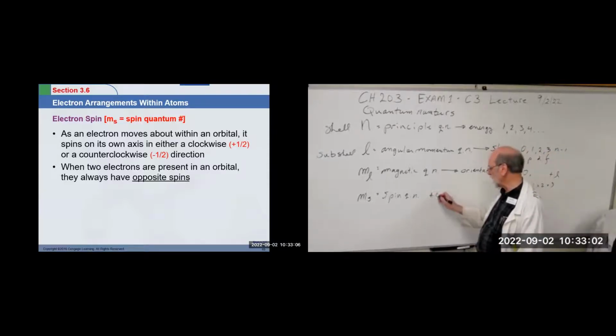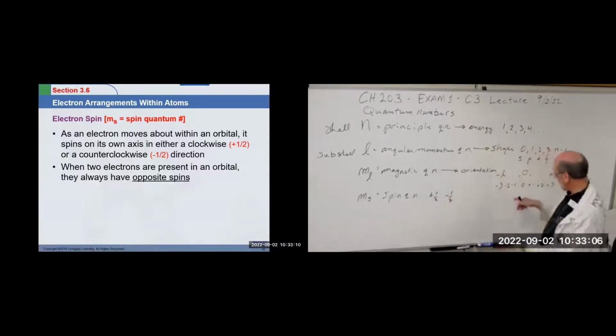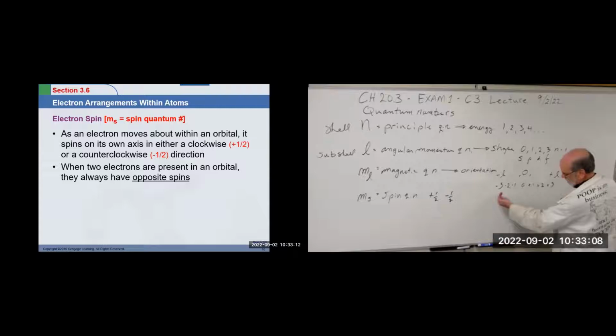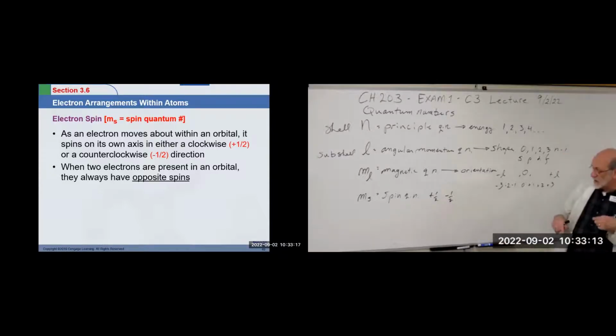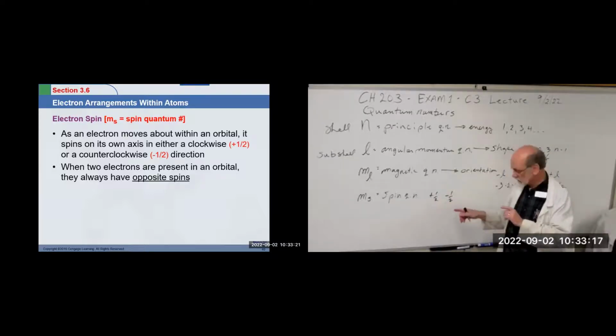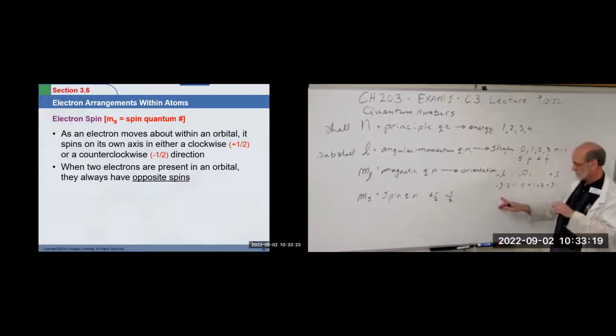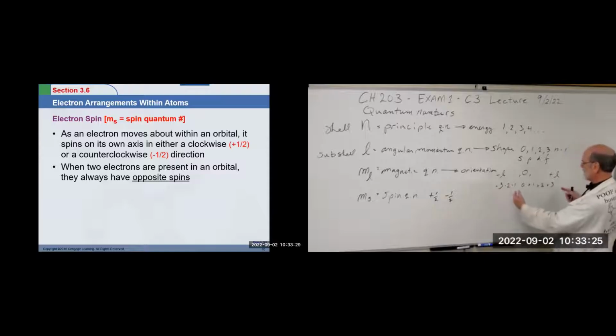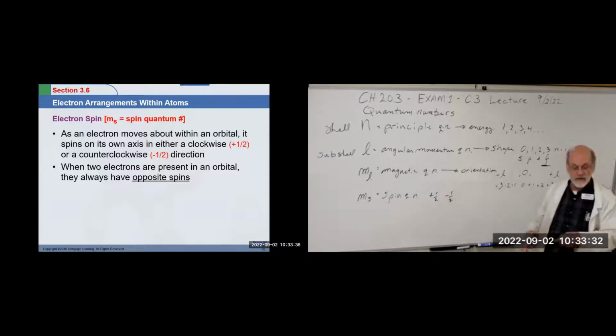So it can either be plus 1/2 or minus 1/2. That's it. There's only one electron that can occupy each of those. So each one of these orientations can have 2 electrons, plus 1/2, minus 1/2. So for this particular level, this F level, you can have 2, 4, 6, 8, 10, 12, 14 electrons.